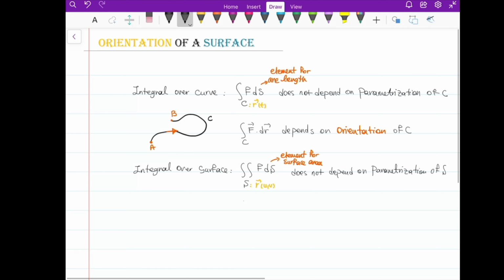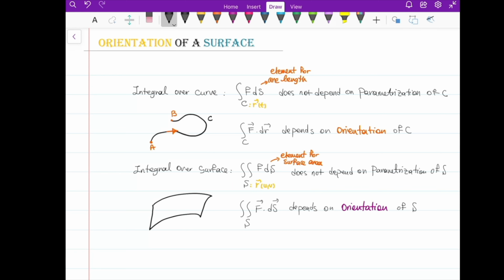Of S. But the double integral of a vector field over the surface S doesn't depend on the parameterization either, and both of them actually depend on the orientation of the surface S. Okay, the question is that if you have a surface S, something like, for example, this, how can we define orientation in here?